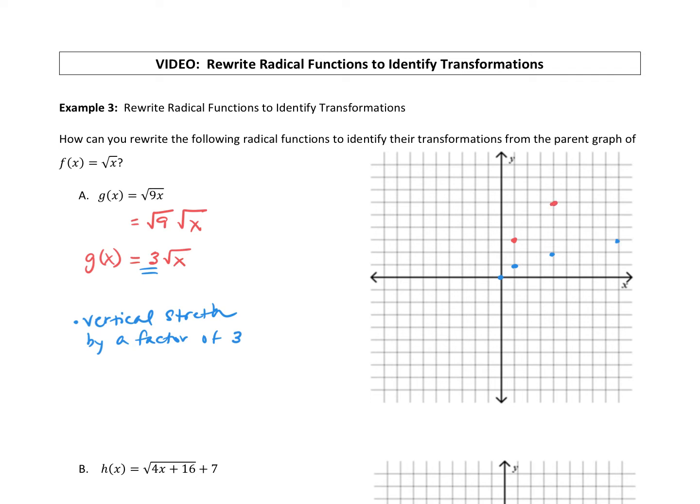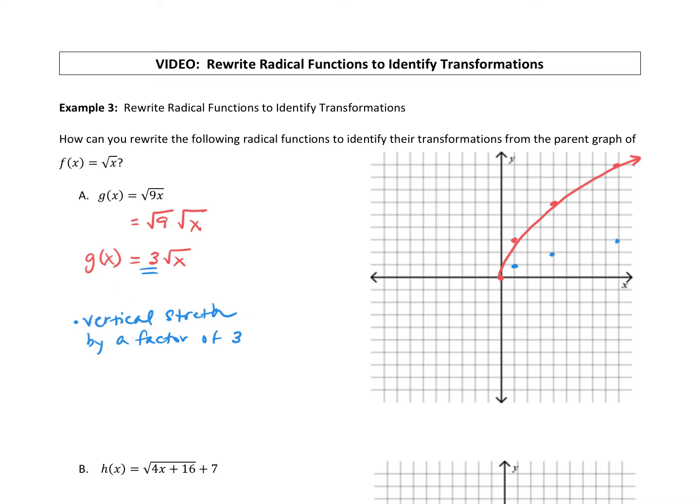Then the last one is 3 away, so we're going to multiply that distance by 3. We're going to go up 1, 2, 3, 4, 5, 6, 7, 8, 9. And then we do that 0, 0 point did not stretch vertically at all, and we draw in our graph.